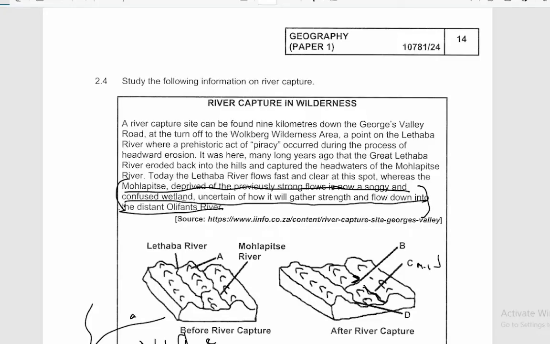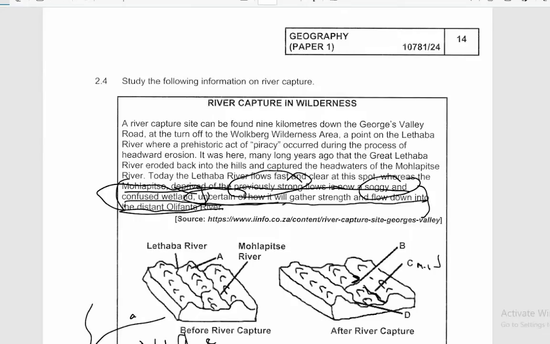So what is it? It's deprived of the previously strong flow. It was previously strong when it was having its headwaters, but that's now history. It's no more there. And now it's become soggy and confused. It has lost its water supply. It's now a wetland which is confused and uncertain of how it will gather strength.